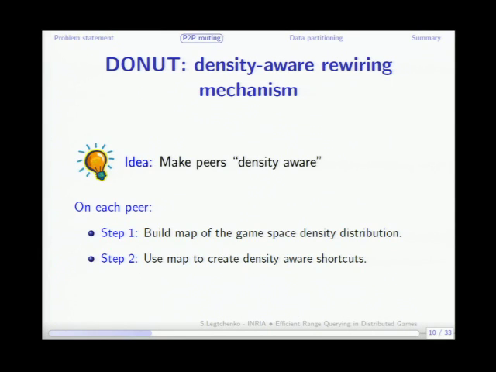So our solution is to make the peers density aware. On each peer, we will build a map of the density distribution. And then we will use this map to create density aware shortcuts that will enable the small world property.